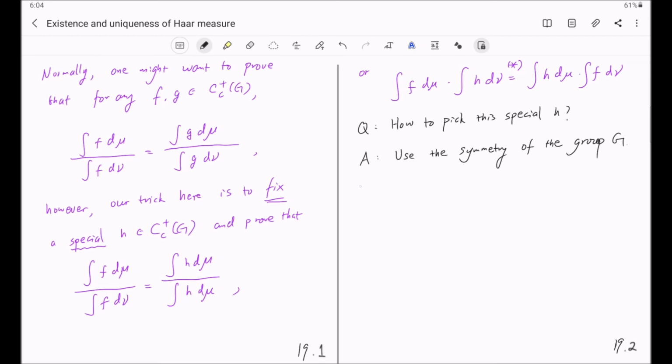Here's the idea. Fix some h naught in C_c^+(G), and let h of x be defined to be h naught of x plus h naught of x inverse.